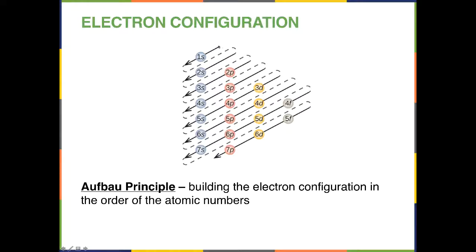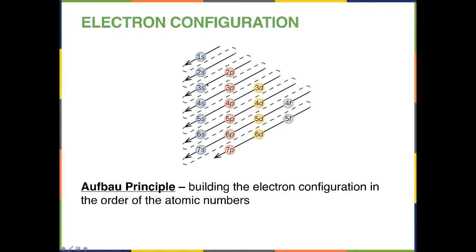So this is atomic number 1, atomic number 2, then you bend up this way, atomic number 3, atomic number 4, and then here 5, 6, 7, 8, 9, 10.